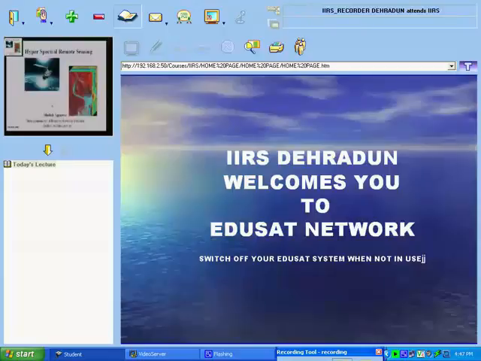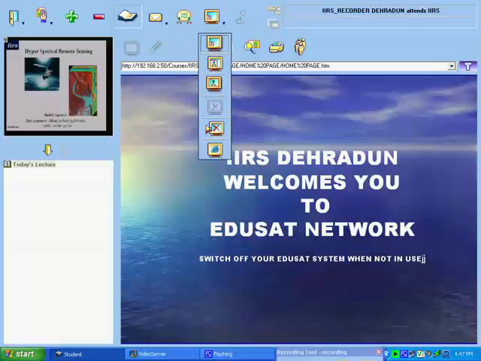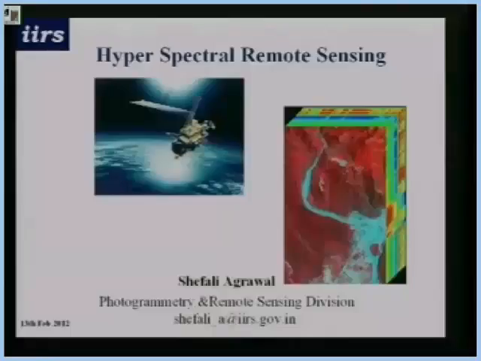Hyperspectral remote sensing, generally known as imaging spectroscopy, is a relatively new terminology in comparison to multispectral remote sensing. It is used for detection and identification of minerals, terrestrial vegetation, and man-made materials and backgrounds.